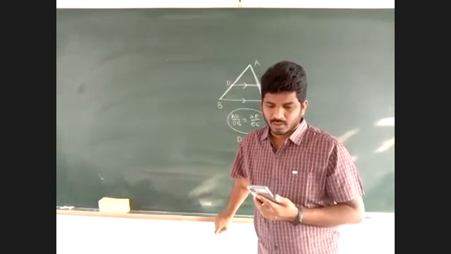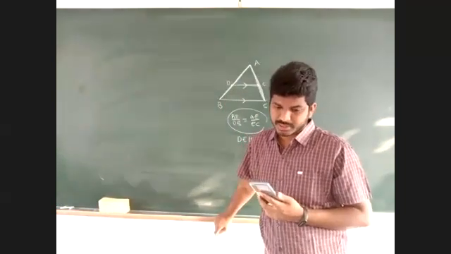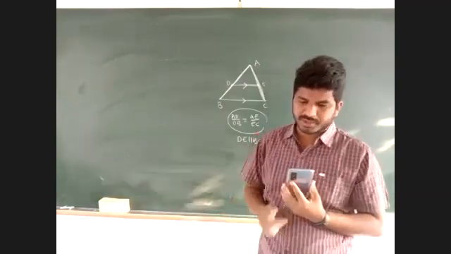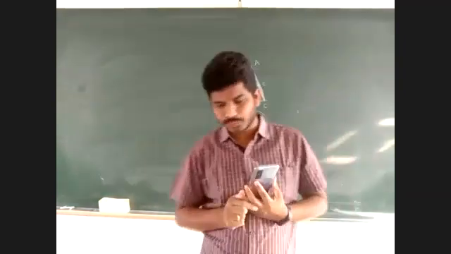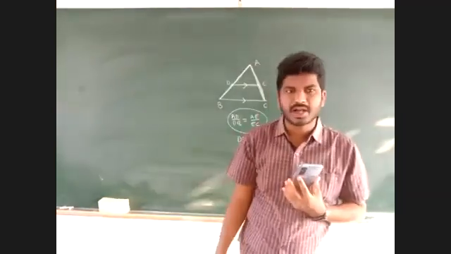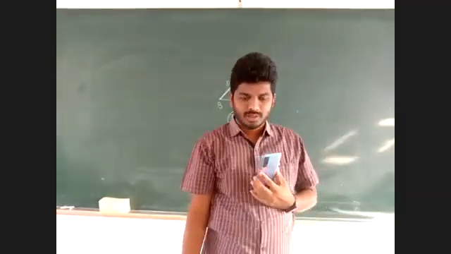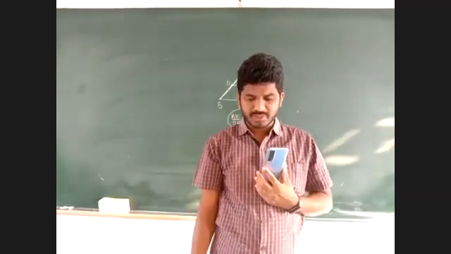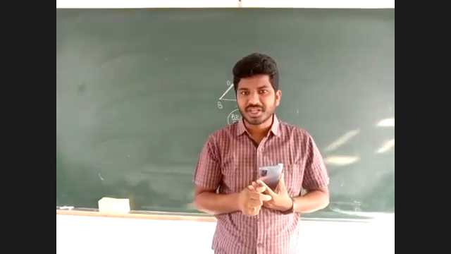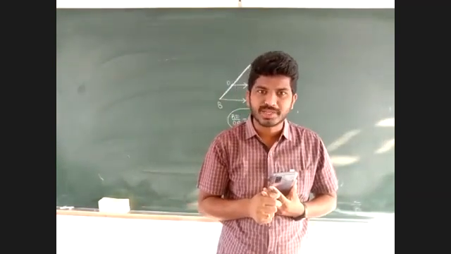Now, the sixth one is, in the given figure, DE is parallel to OQ, and DF is parallel to OR. If DE is parallel to OQ, then apply basic proportionality theorem.